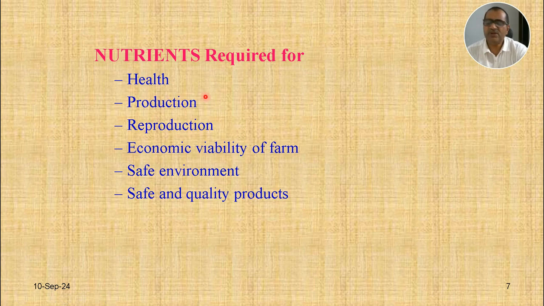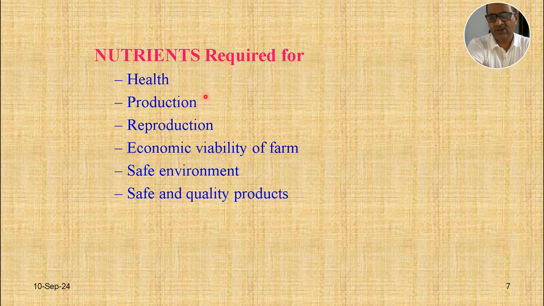For example, if the animal is taking proper proteins, carbohydrates, etc., then the defense mechanism of that animal, especially the neutrophils, eosinophils, basophils, the blood components, and many more things will be in the normal state, and it will produce very nicely.